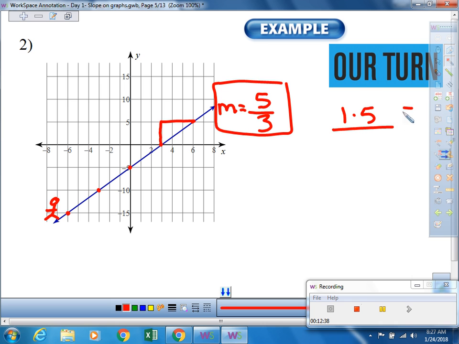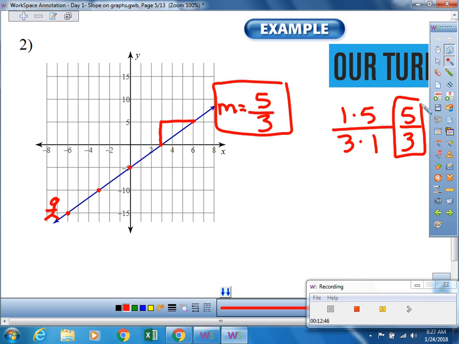So this would be 5. How many did you go over? 3. What's the scale? 1. Did I get the same answer? Yes. So if you're not one to count by numbers, then you can do it this way. But I would expect that most of you are going to say this is 5.